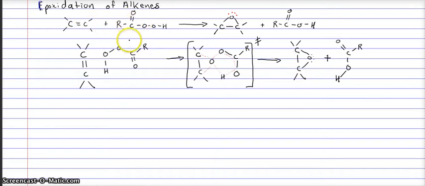It's kind of like a carboxylic acid with an extra oxygen in there. You'll notice we have one, two, three oxygens. There will be an oxygen-oxygen single bond, which will be our peroxide bond. This will form our epoxide as well as a carboxylic acid.